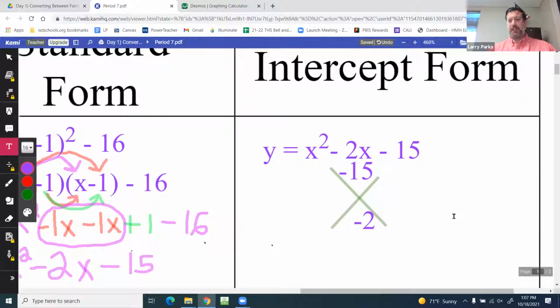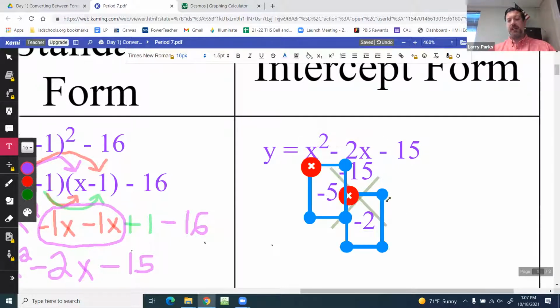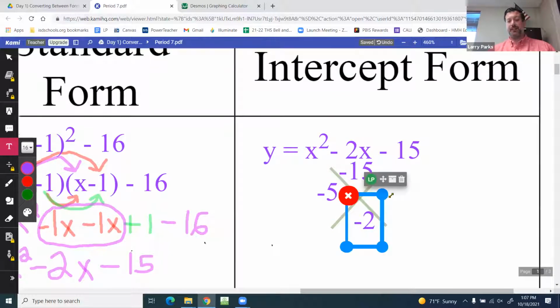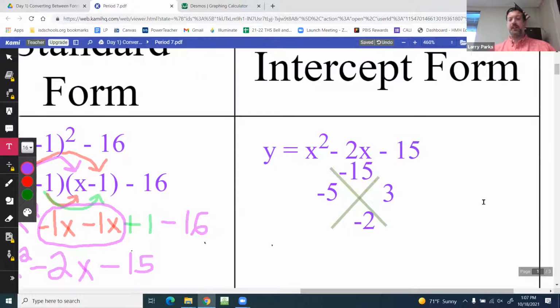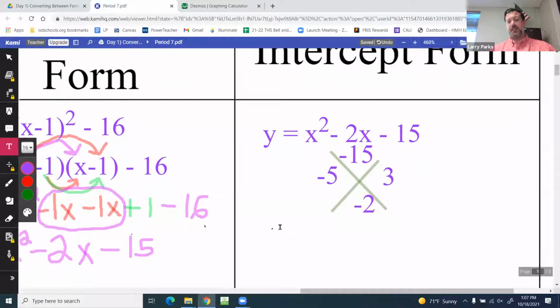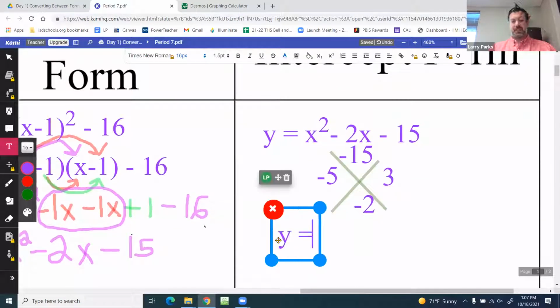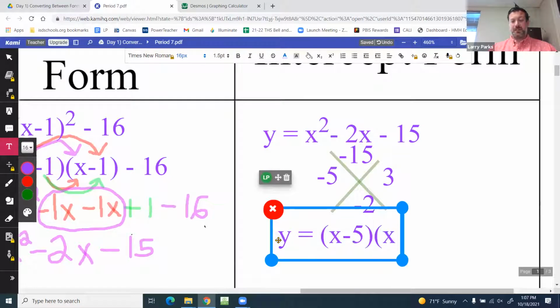And that would be negative 5 and positive 3. Negative 5 times positive 3 is negative 15. Negative 5 plus positive 3 is negative 2. So my intercept form is x minus 5, x plus 3. Okay.